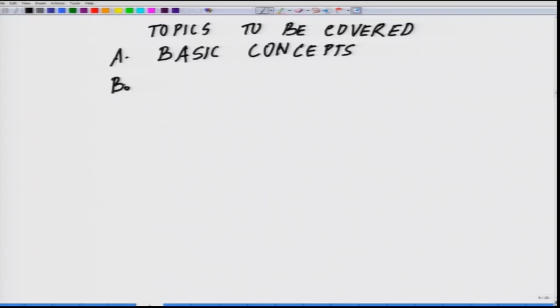The next thing we will be dealing with will be galvanic cells. Third, we will be dealing with standard potentials.